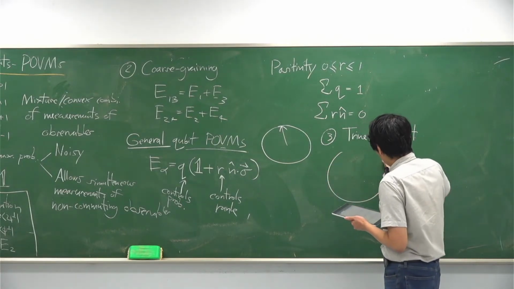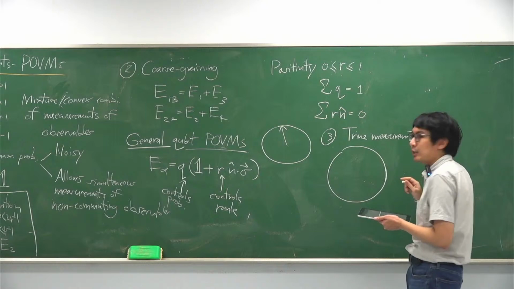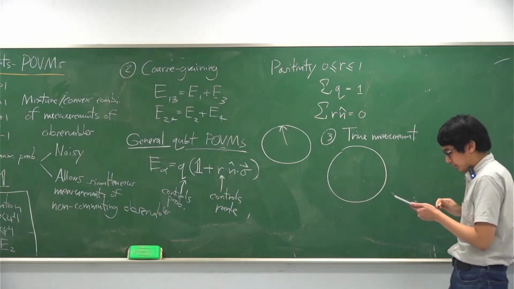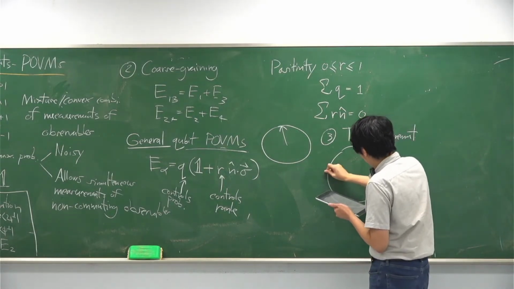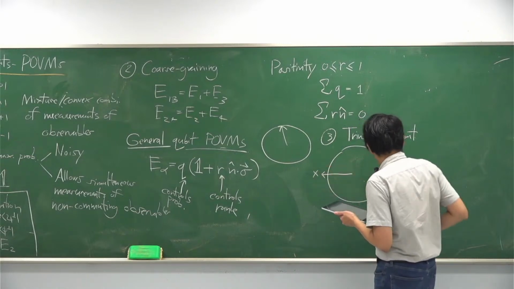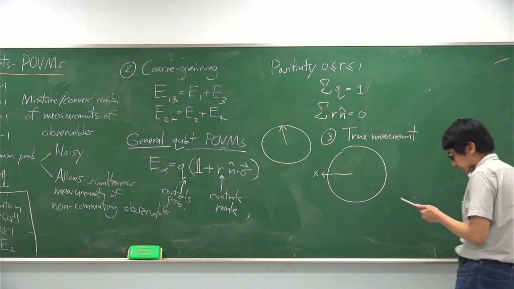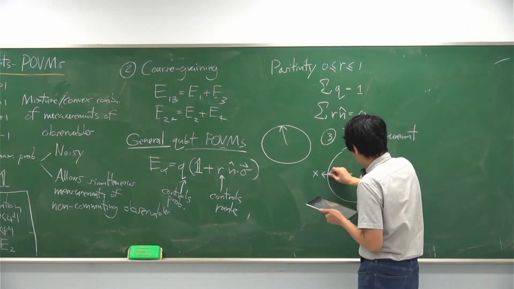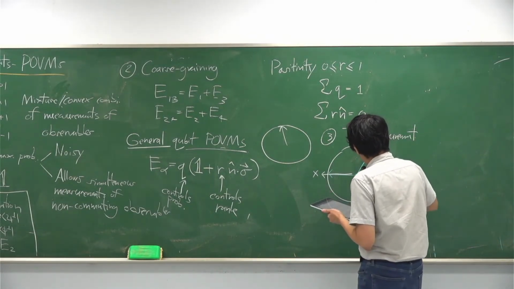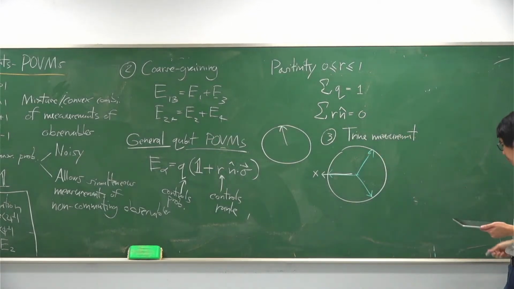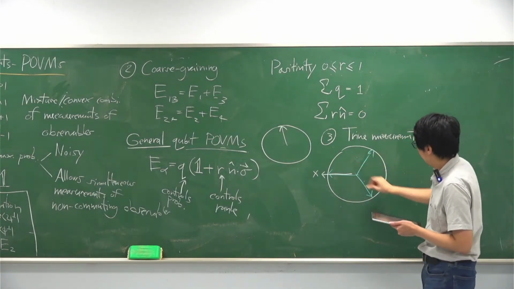So if I just look at the xy plane in the Bloch sphere, this is x, then the vectors of the trine measurement just form a symmetric kind of triangle.